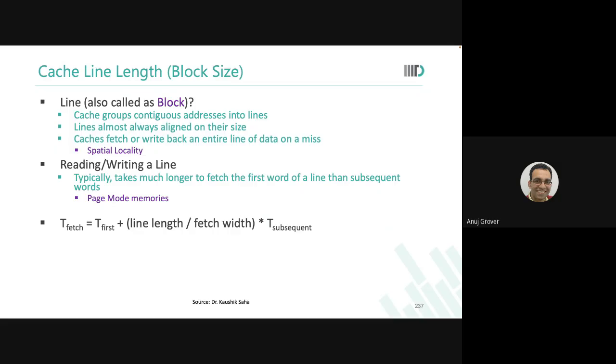Yeah, you had a question. So he's asking that cache size is limited, so should I get all the blocks? That is where you will just in a little while see that there is a trade-off. If I increase the line length, obviously I improve the access time.